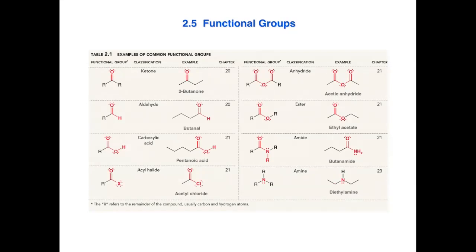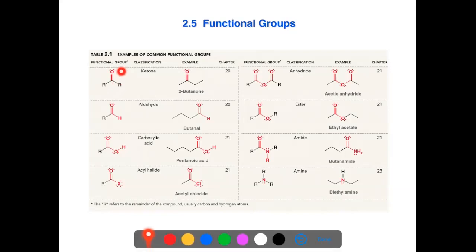In the second part of this table, we have examples of common functional groups, which for the most part contain the carbonyl. So we have various structures that contain this carbon double bond oxygen, and it really depends on what's neighboring the carbon of that carbonyl group as to what functionality or functional group it belongs to.